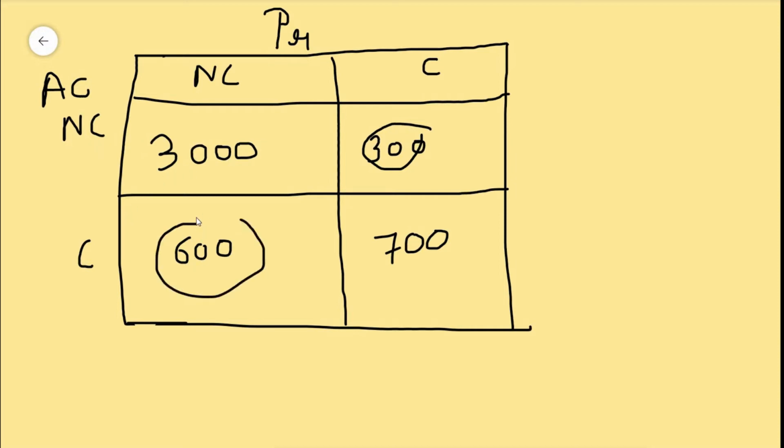And in this field our model predicts the person has cancer and actually the person has cancer. So this matrix is known as the confusion matrix.